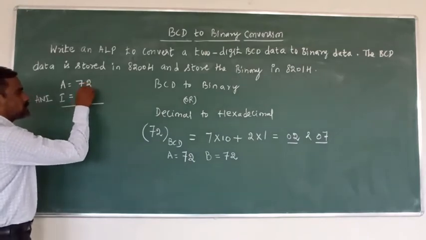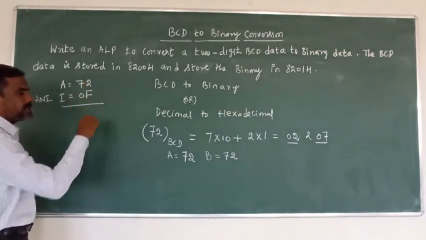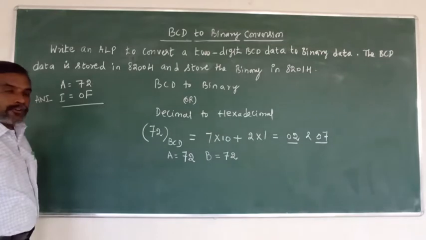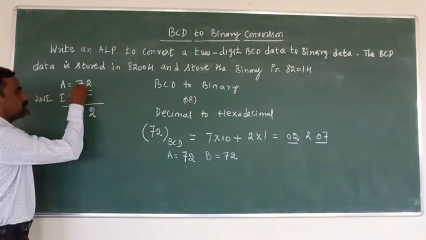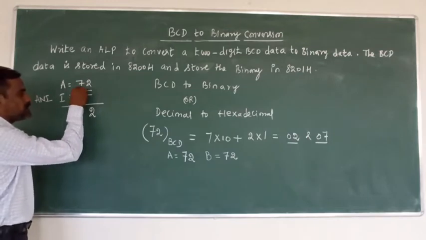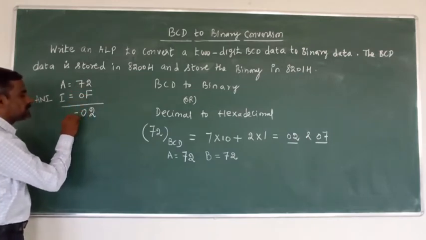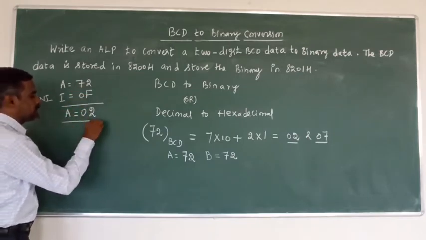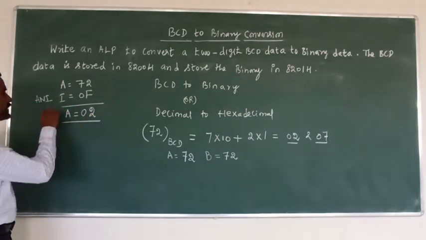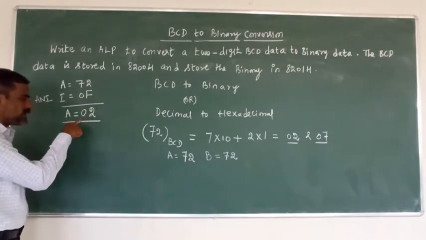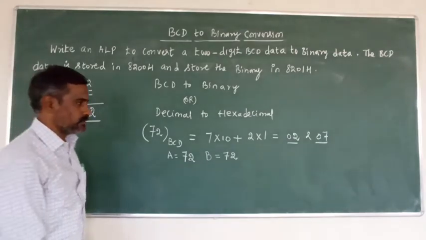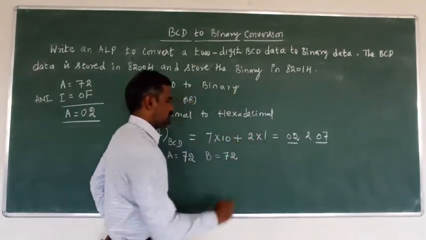Whatever data is in the LSB 4 bits will be reflected, and the MSB 4 bits will be 0. In the result, accumulator A equals 02 after the logical AND.